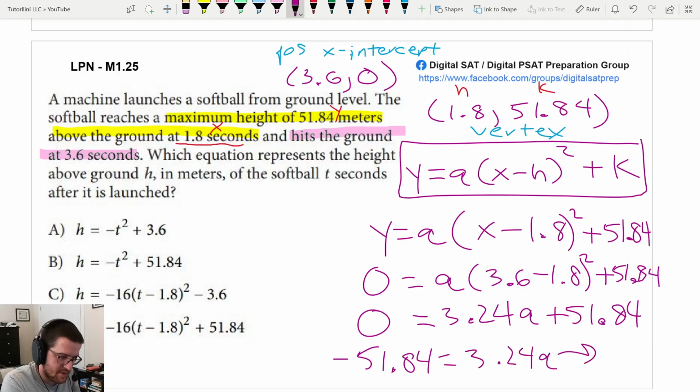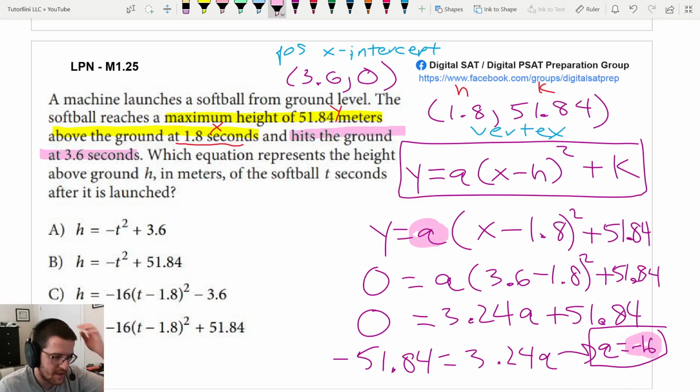And now we're going to divide both sides by 3.24. And we're going to get a equals negative 16. And you see we could put that here if you wanted to, and that would give you answer choice D.